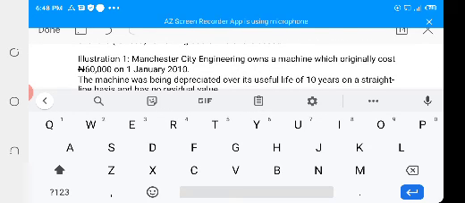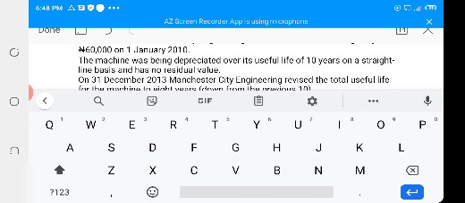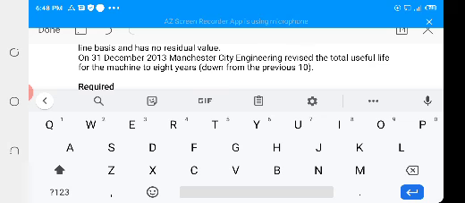The asset was purchased in January 2010. From 2010 to December 2012, how many years is it?